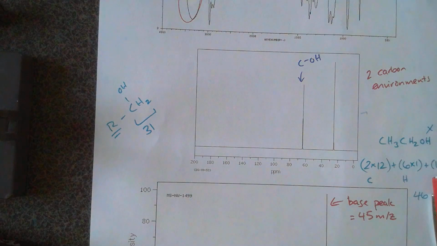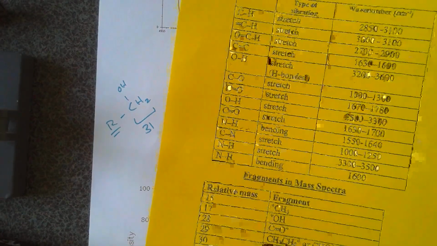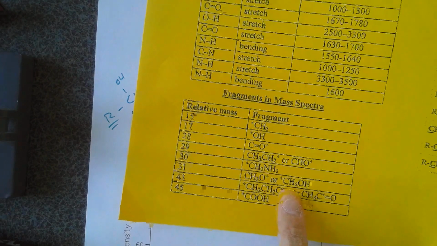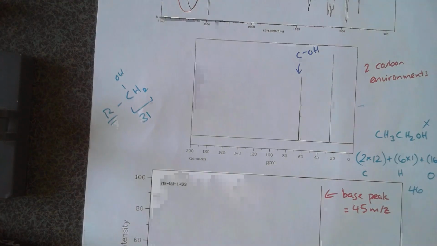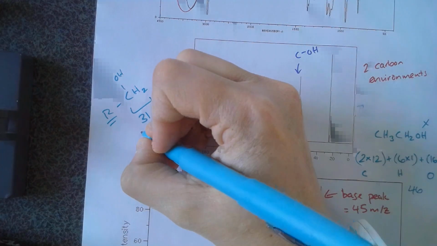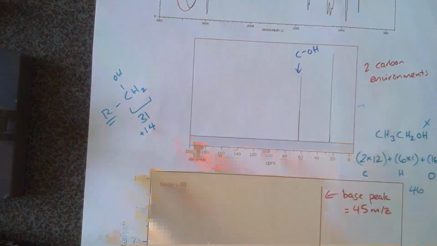And in fact, I give you a shortcut here. My little trick to help me quickly figure out how many carbons I have is I add the number 14 until I'm 1 away from the answer.